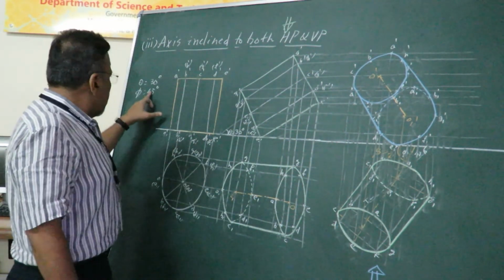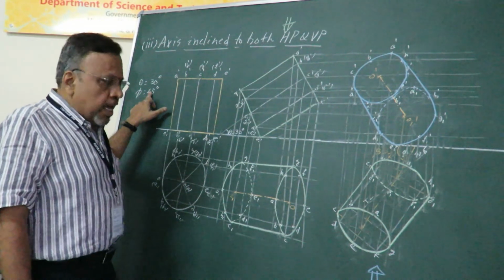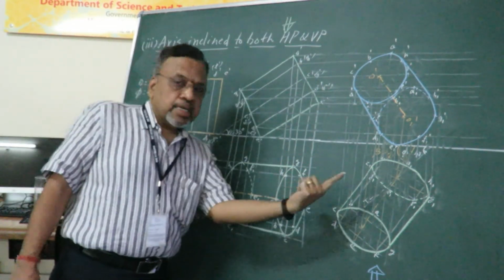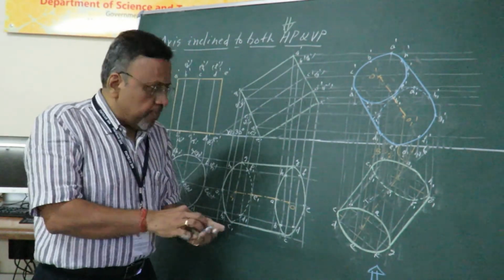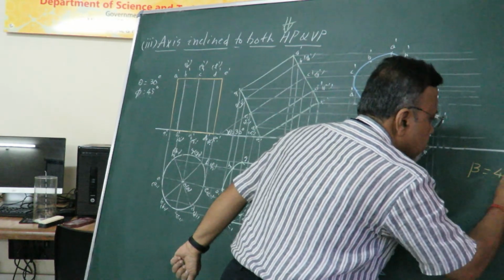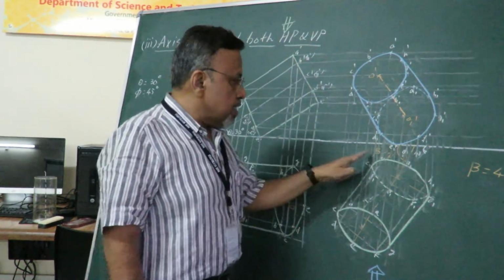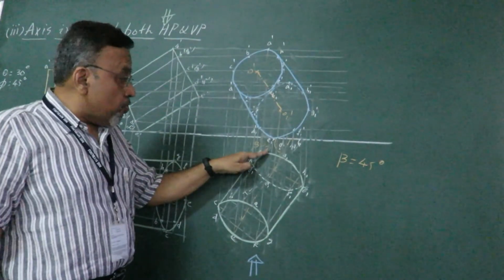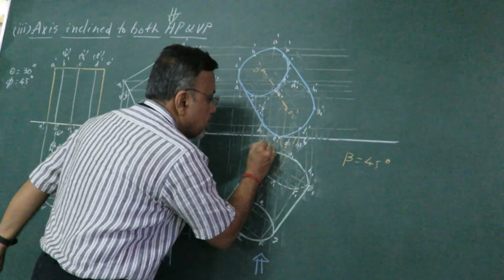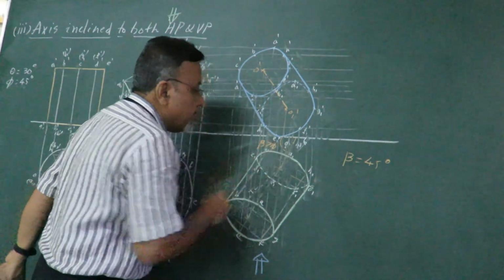So if I say true angle, that is theta, and in this particular case, if I say the top view of the axis is inclined at 45 degrees, then beta itself is 45 degrees. Whereas in this particular case, phi was 45, so beta here is greater than phi.